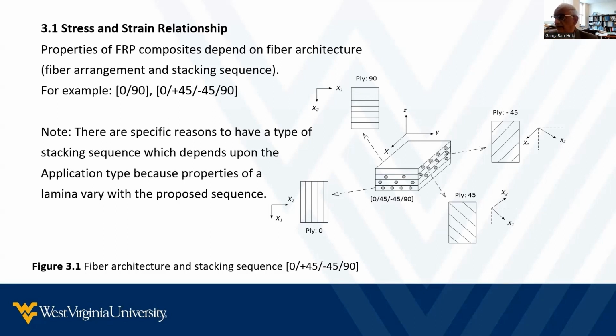And that is why we need to not only have different orientations, but at the same time, we need to figure out how we are going to analyze all these under a base coordinate system.